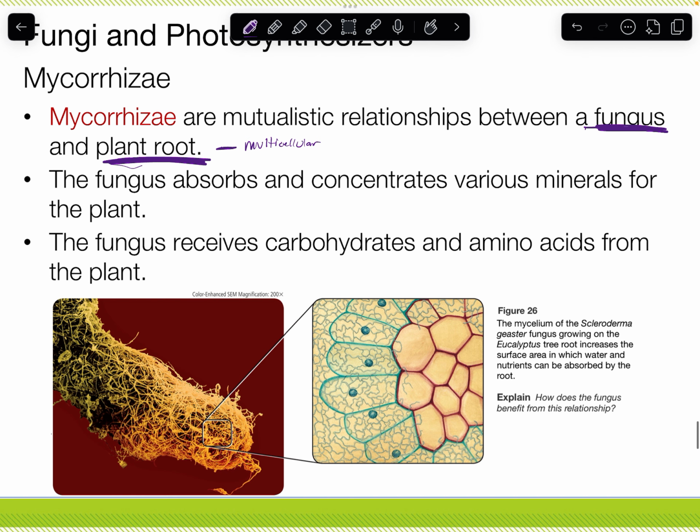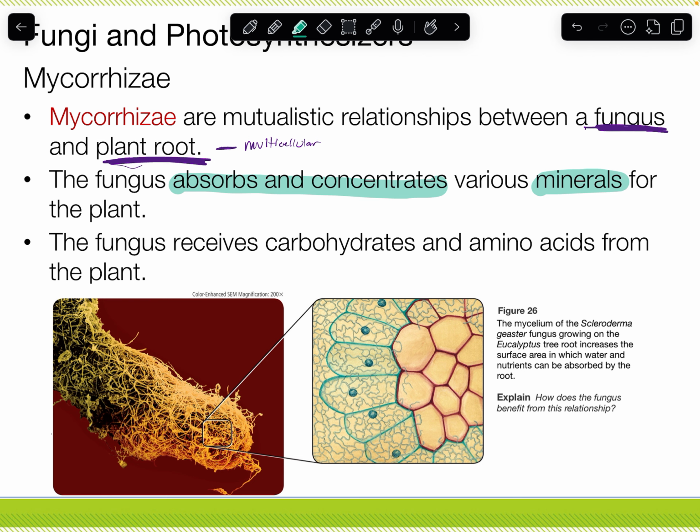And so what happens in this mutualistic relationship is the fungus absorbs and concentrates different minerals in the soil for that plant. This is going to help it reach extra water. It's going to help it find extra nutrients in the soil. It's going to help it get all the things it needs to survive.